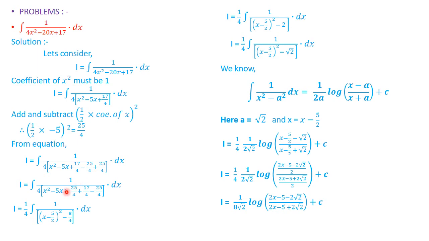Then the third term is always positive in a perfect square, therefore plus 25 by 4 taking here, and here minus 25 by 4. Then to obtain a perfect square in abbreviated form, that is either a minus b bracket square or a plus b bracket square, we have to take the square root of first term, consider the sign of middle term, and take the square root of last term. And taking these numerical calculations, we have the required result.